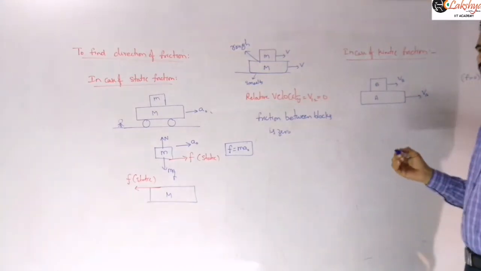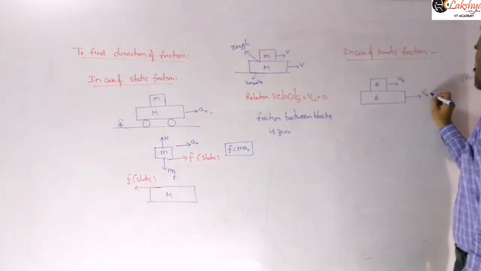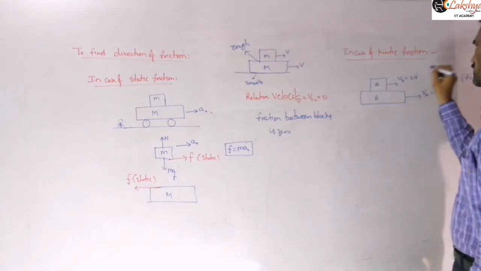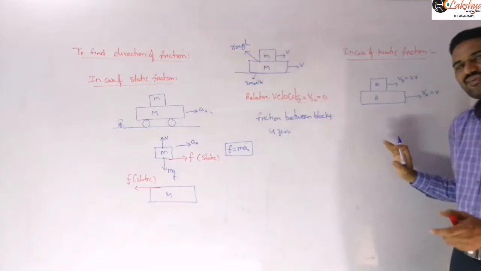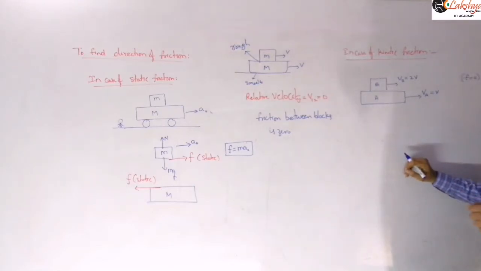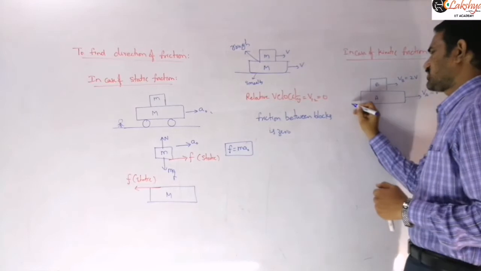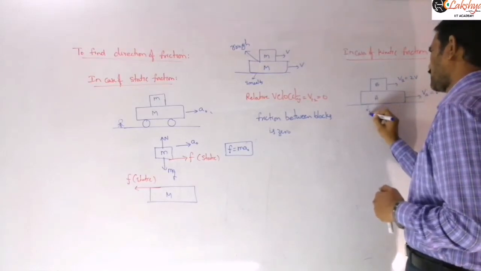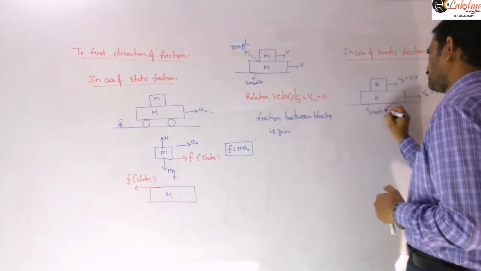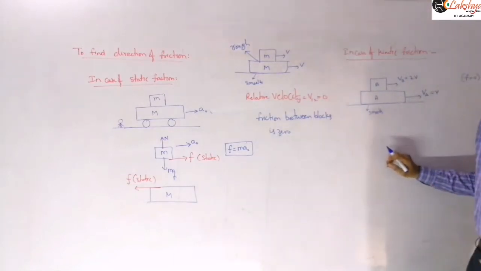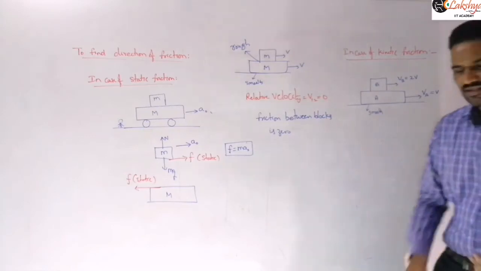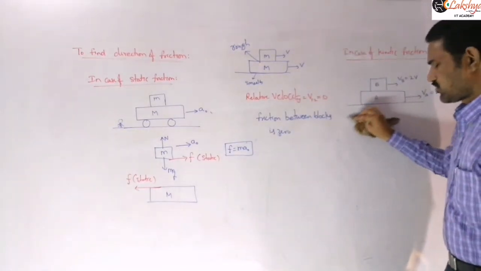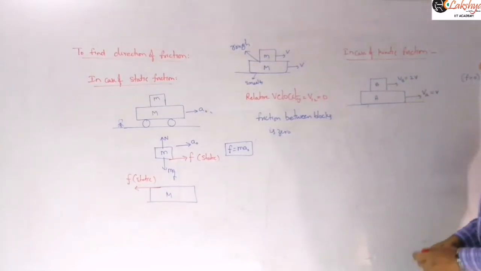For simplicity, I am taking this velocity as V and this velocity as 2V, so that you will get clarity about how to take the direction. Again let us consider the ground a smooth surface, or even if you consider a rough surface, you can answer the direction of friction easily. There is no problem.